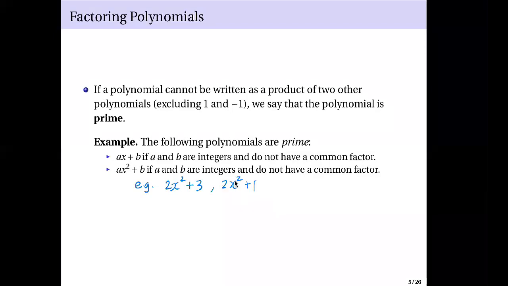Although, of course, 1 is a common factor of 2 and 1. But anyway, we will exclude 1 and negative 1 as common factors. So 2x squared plus 1 or 2x squared plus 3, etc. These are pairs of a and b which do not have a common factor, excluding 1 and negative 1, because 1 and negative 1 are always common to any two numbers. But again, we are excluding them.